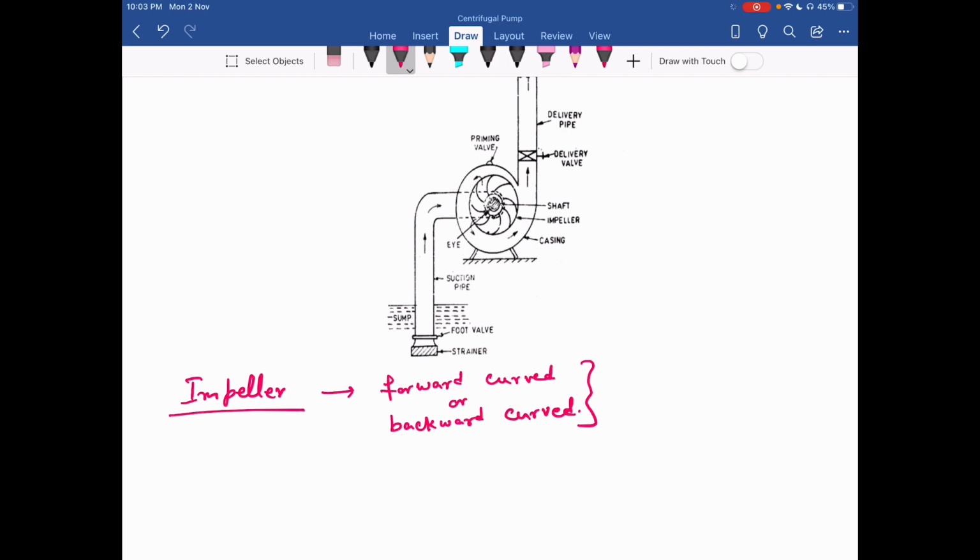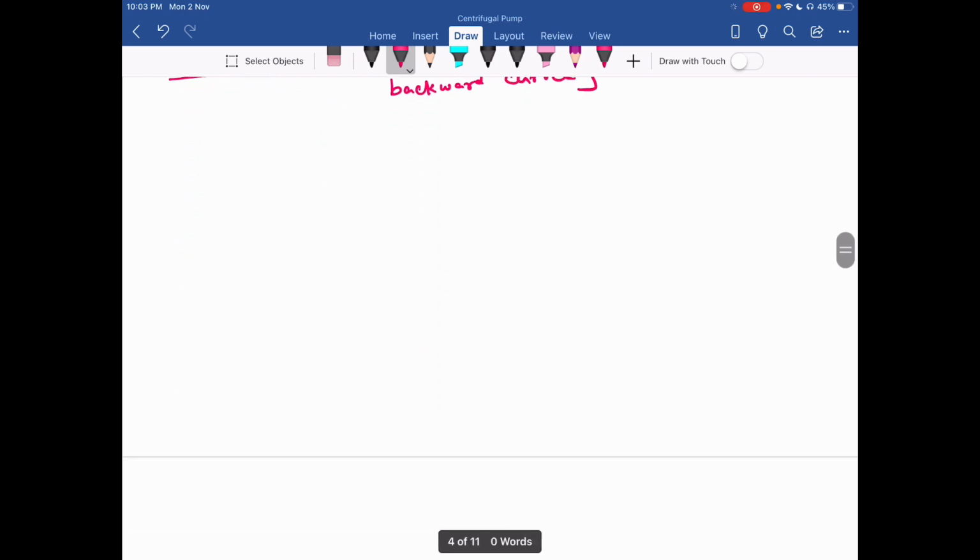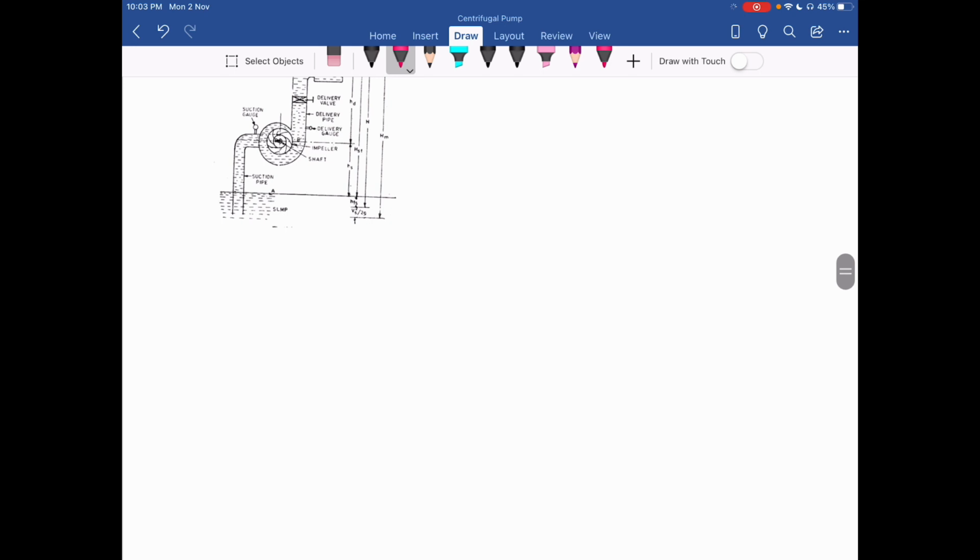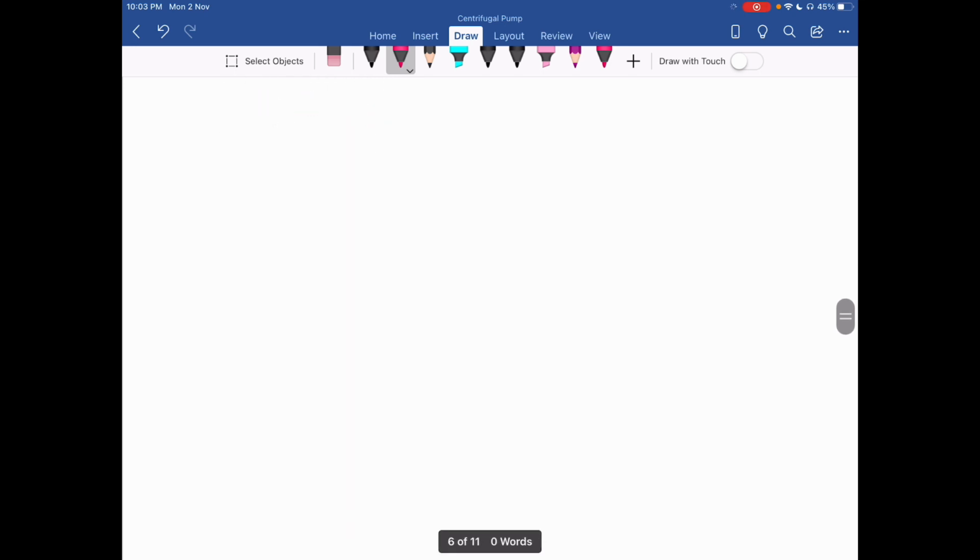Now, if we talk about this impeller, we have three different types of impellers available in centrifugal pumps. So that you can see in another diagram.